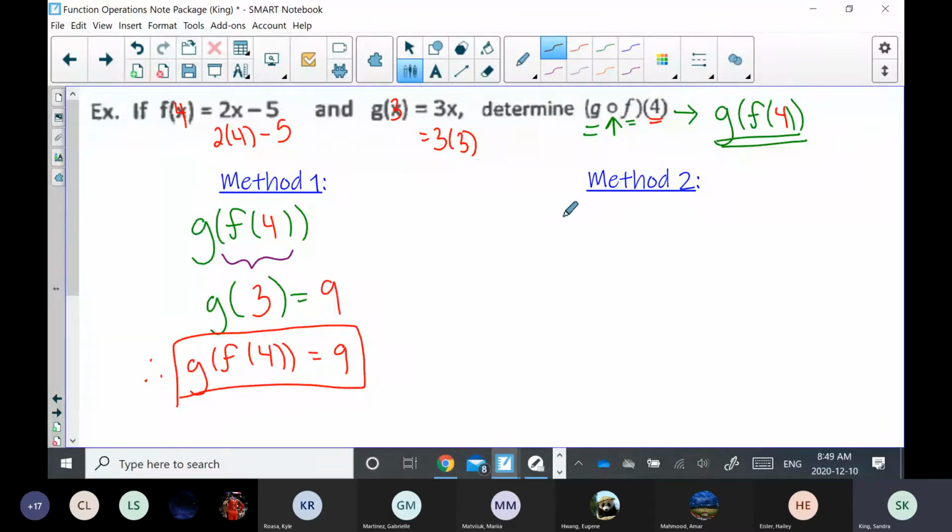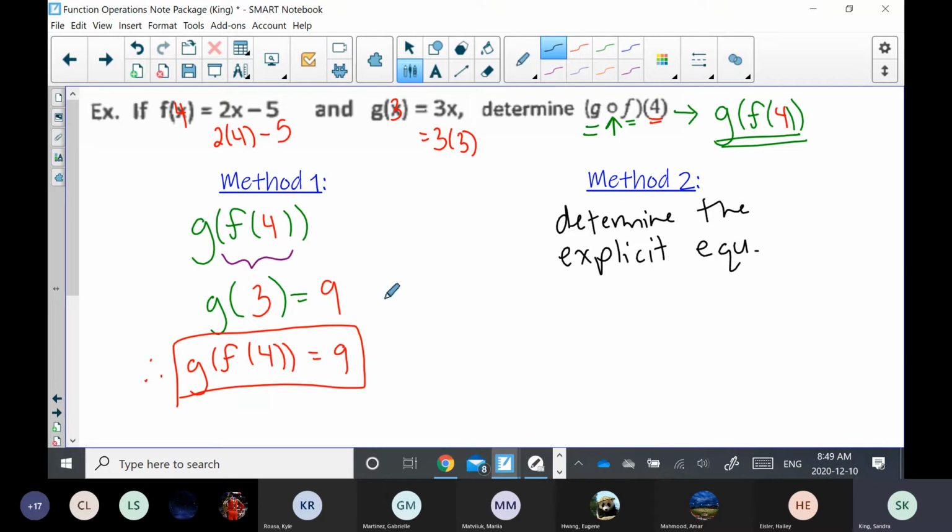The other method that we could do is we could determine the explicit equation. Now, even if you don't like this method, because I do find for this particular question, method number 1 is definitely the method I would do.